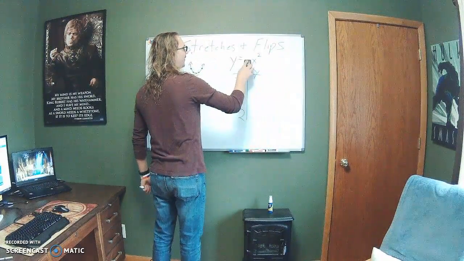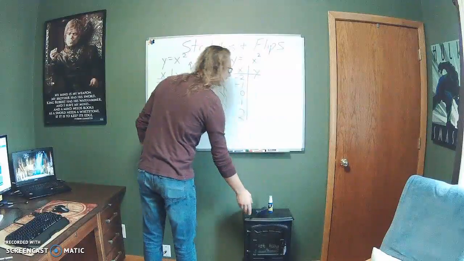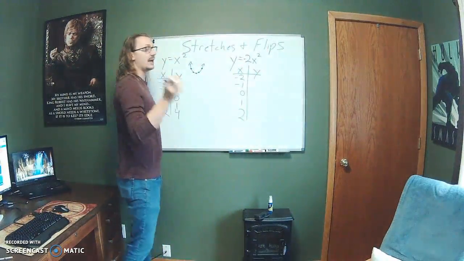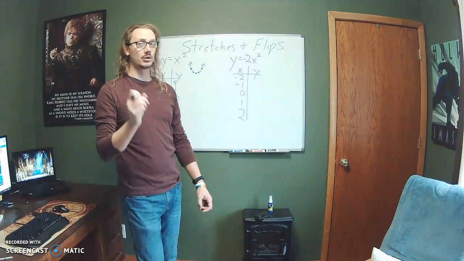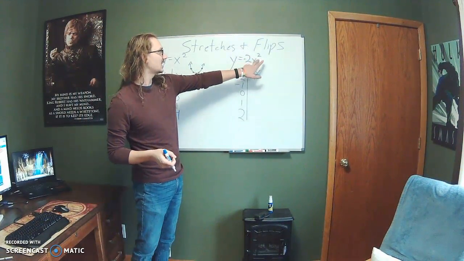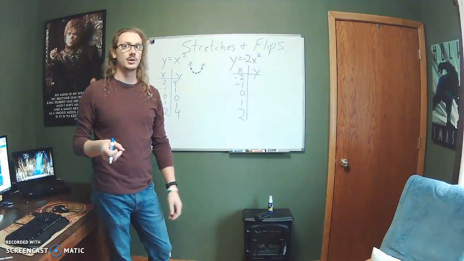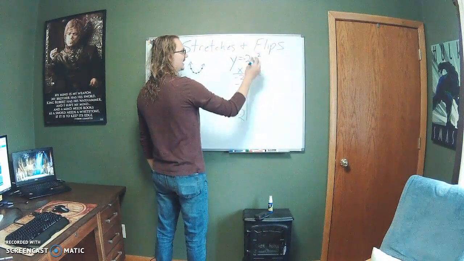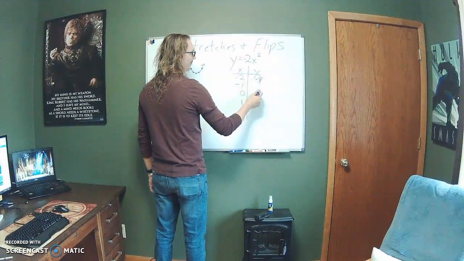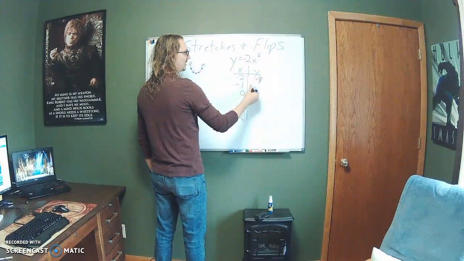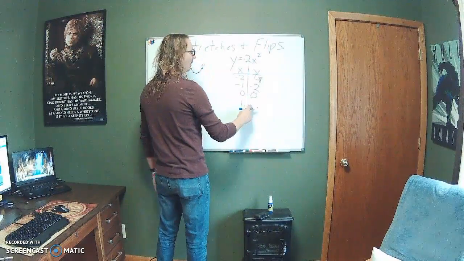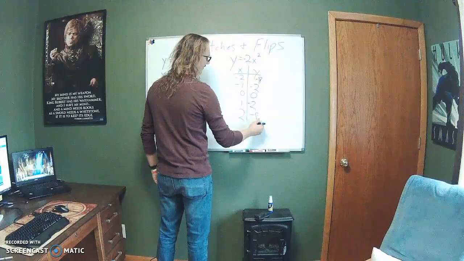Okay? Instead of a 4x squared, let's look at a -2x squared. A reminder, remember your order of operations. You're going to do your exponent before you do your multiplication. So -2 squared is 4, times -2 is -8. -1 squared is 1, times -2 is -2. 0 will still be 0. 1 will be -2, and 2 will be -8.